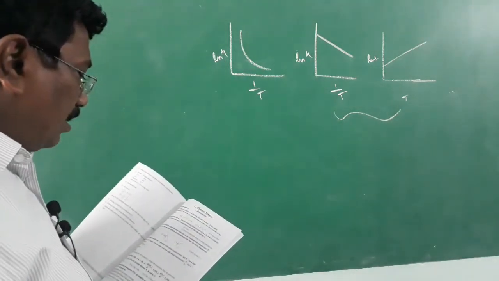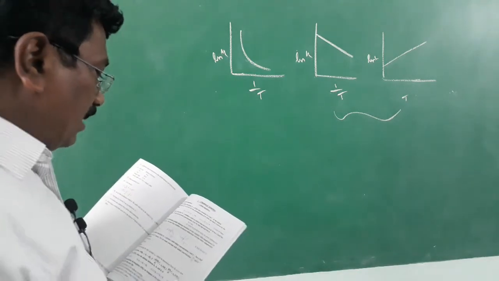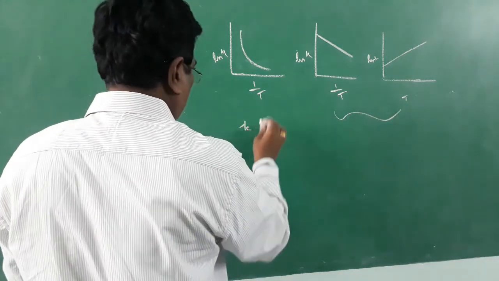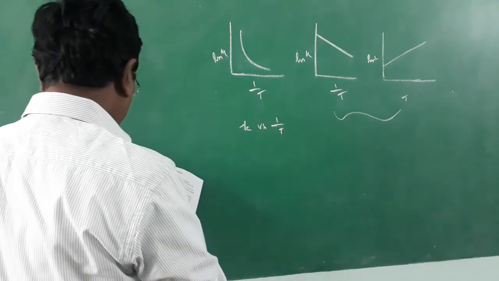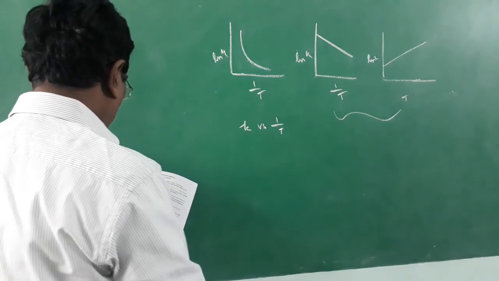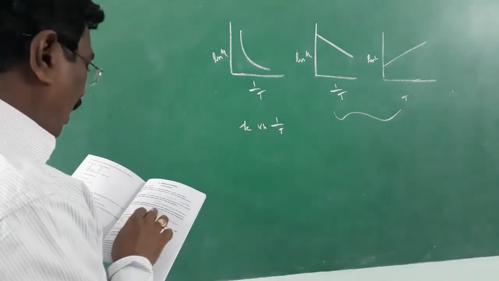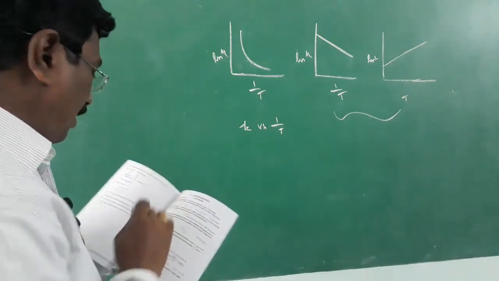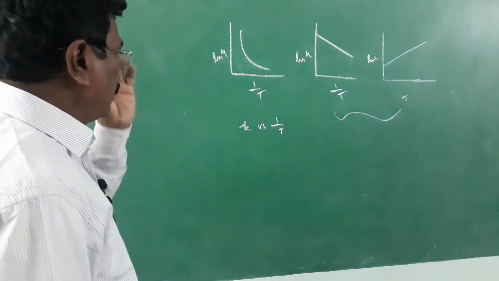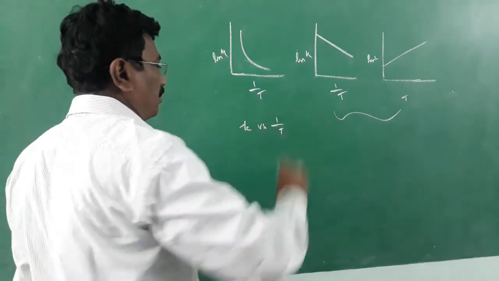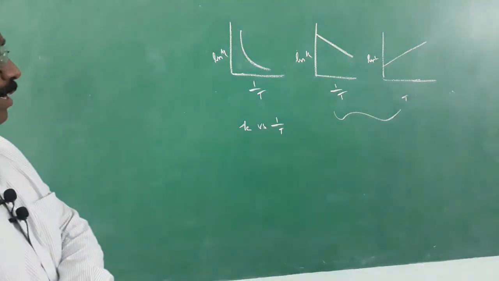Among the following graphs showing variation of rate constant with temperature, that is ln k versus 1 by t, which one exhibits Arrhenius behavior over the entire temperature range? That's what they asked. So what may it be?